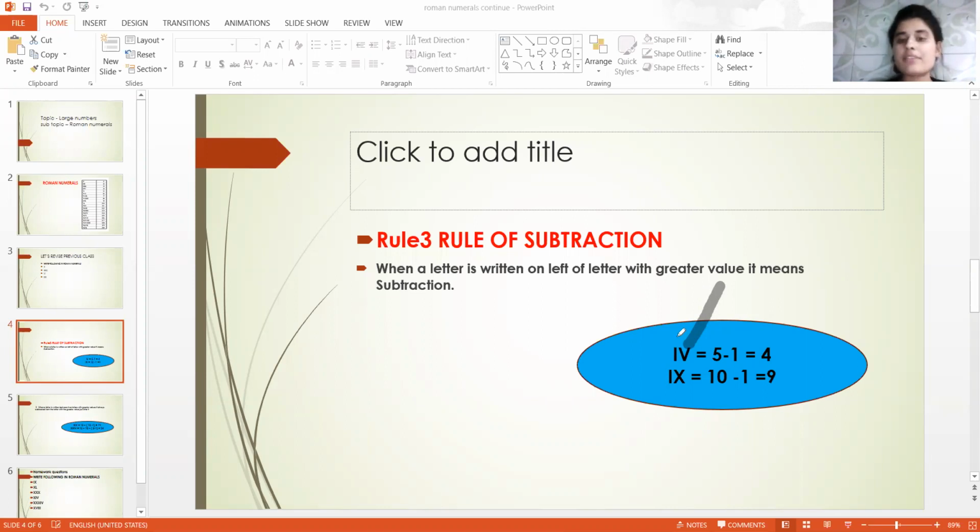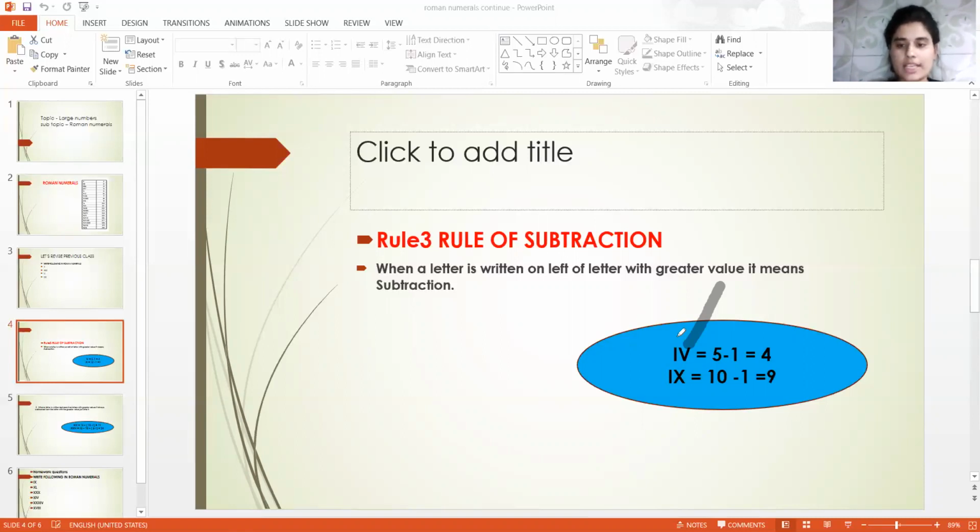This is the basic difference between the rule of subtraction and the rule of addition. In the rule of addition, the greater symbol is on the left side, and in the rule of subtraction, the greater symbol is on the right side.